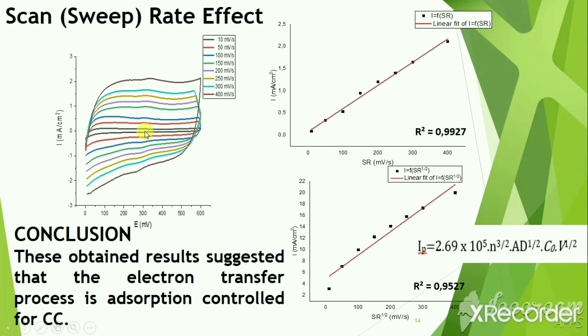Each time we increase the scan rate, an increase in the oxidation peak and the reduction peak occurs. So the linear relation between current and diffusion is verified here in our case. We can say that the electron transfer process on the surface of the electrode is adsorption controlled toward catechol.